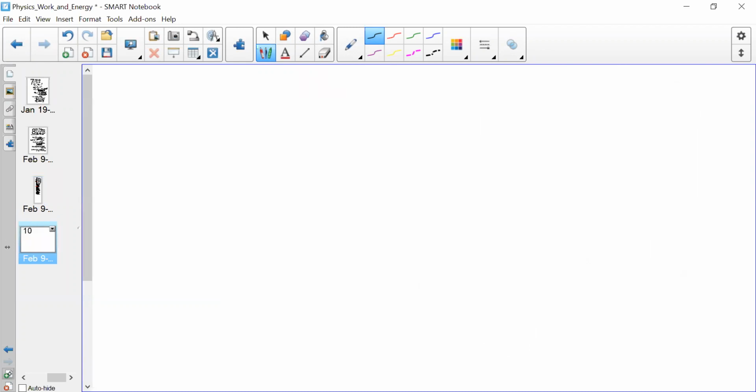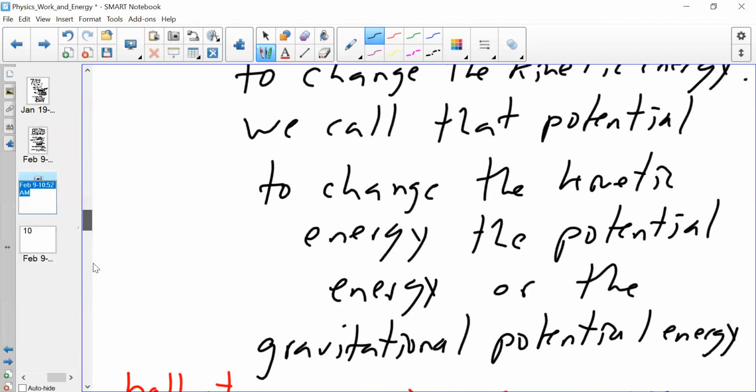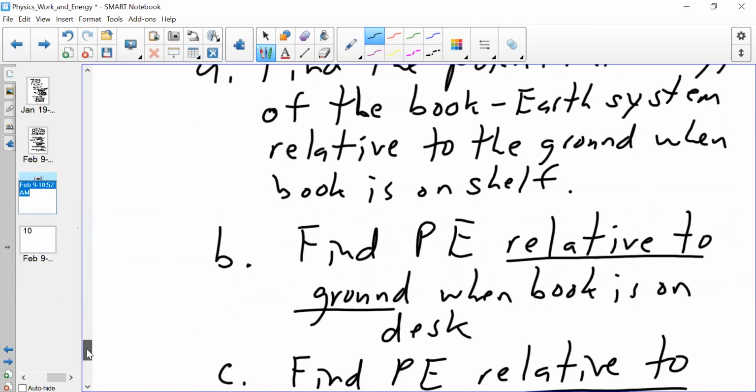Okay, so the second question, find the potential energy relative to the ground when book is on desk.